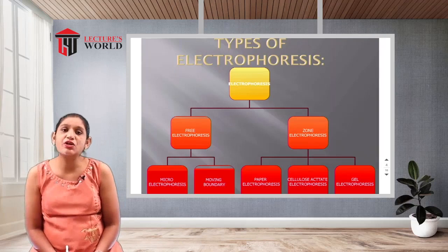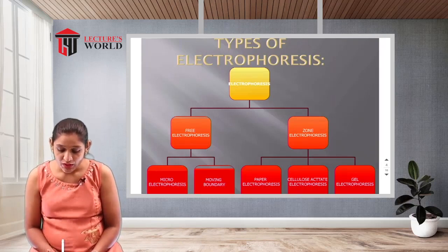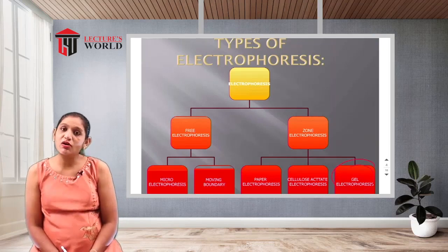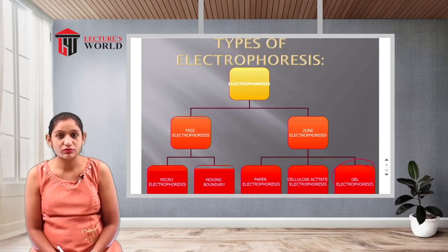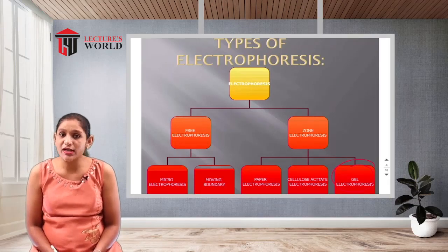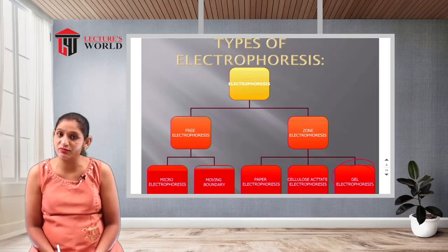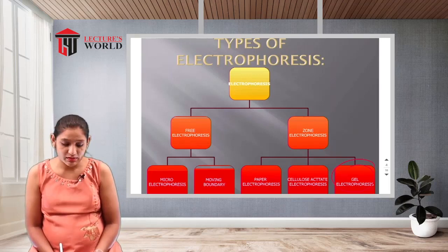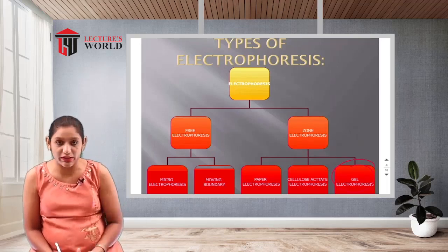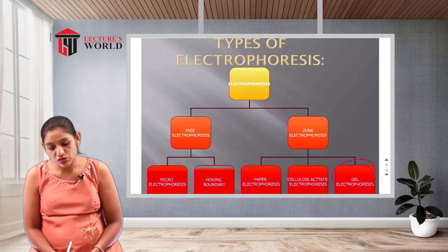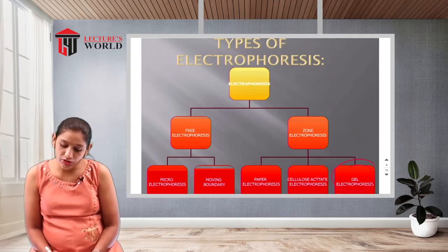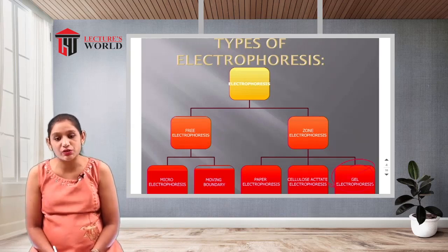In your biochemistry chapter, we only focus on gel electrophoresis, how it works and the principles behind it. Free electrophoresis has two types: microelectrophoresis and moving boundary electrophoresis. Zone electrophoresis has three types: paper electrophoresis, cellulose acetate electrophoresis and gel electrophoresis. We are focusing on gel electrophoresis.